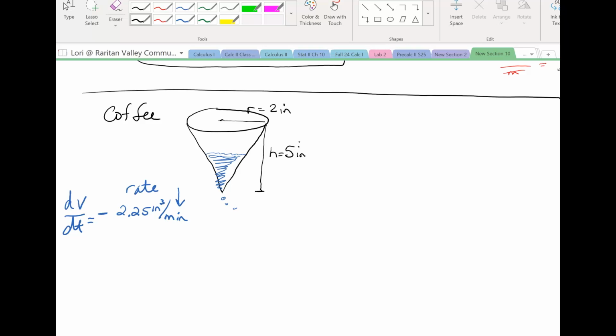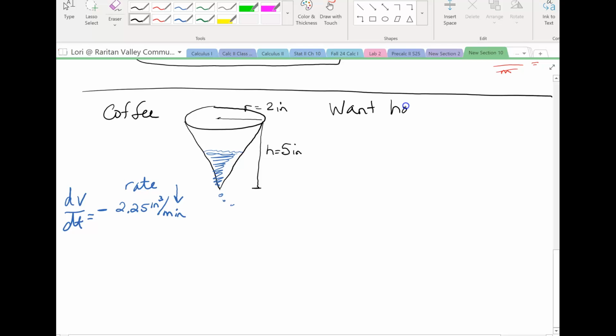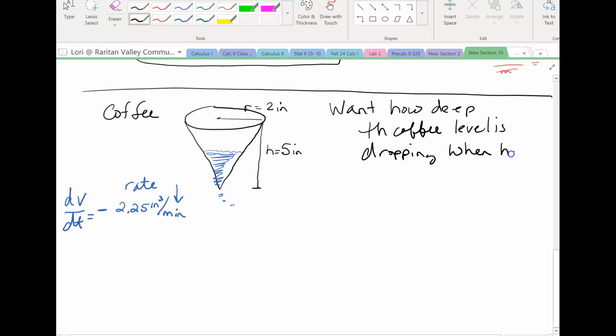Let's talk about what we want for this problem. We want the rate at which the coffee level is dropping when H equals 3 inches.